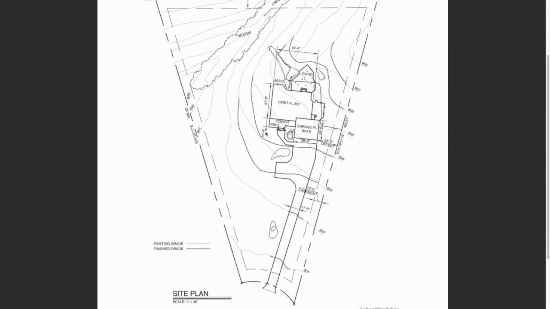Perhaps we've moved some fill up the hill a little bit to give us our slightly raised grade for the house itself. But again, this is the existing grade and the finished grade.